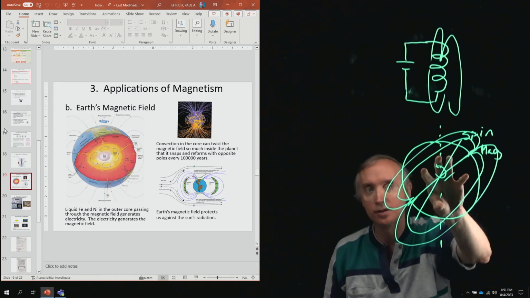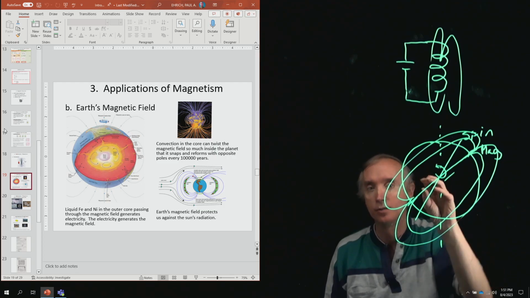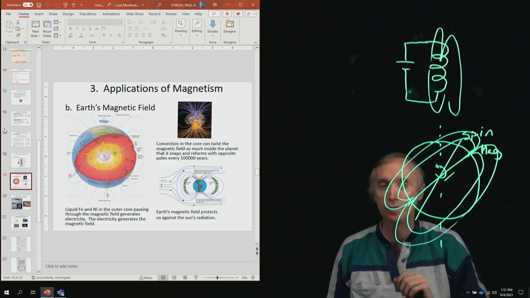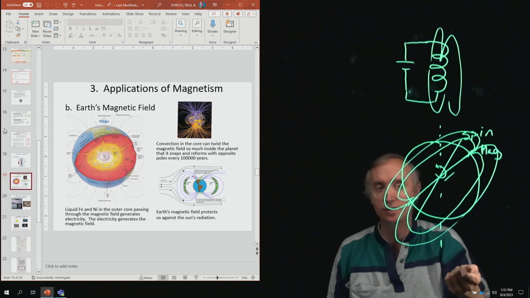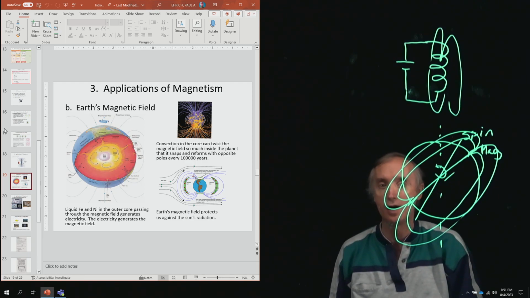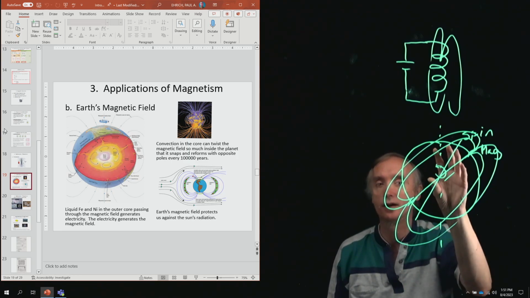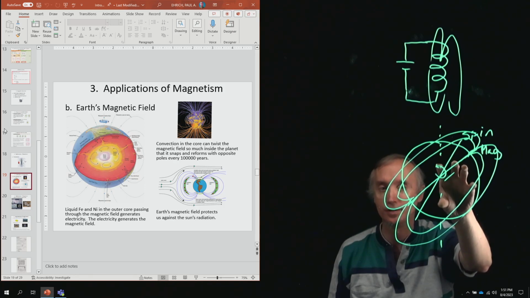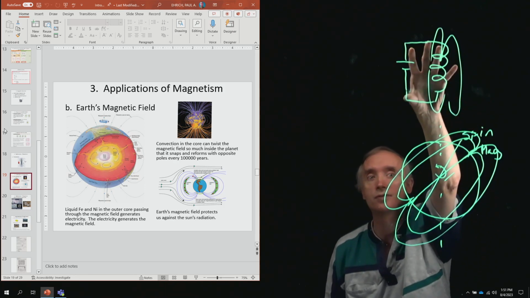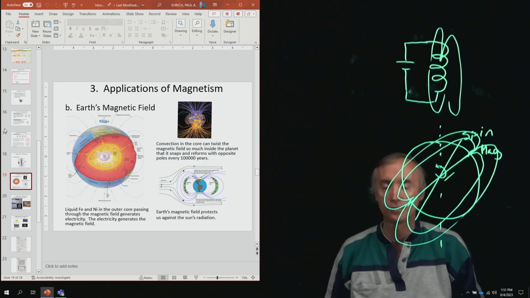The idea of there being a magnet inside the Earth won't work, because we found out that if you increase the temperature of a magnet, it loses its magnetism. We know that inside the Earth it's way too hot for that to happen. So it's not due to a magnet inside the Earth, which leaves us with the theory that it has something to do with electricity.